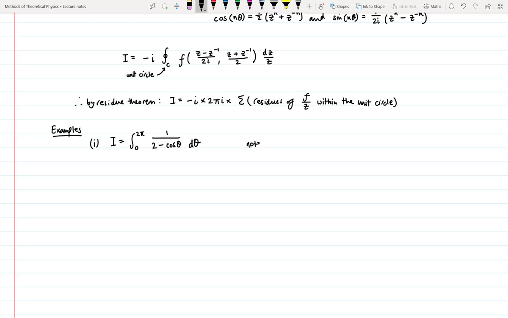You can do that by noting that the denominator, 2 minus cos theta, always lies between 1 and 3. So you'll never have a 0 on the denominator, and therefore the integrand has no singularities for the values of theta that we're interested in. Let's apply our substitution.